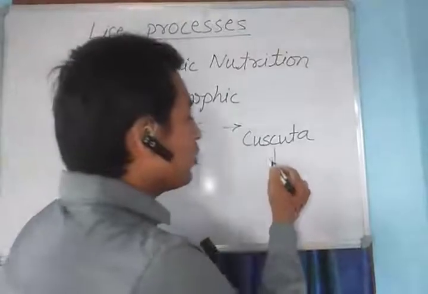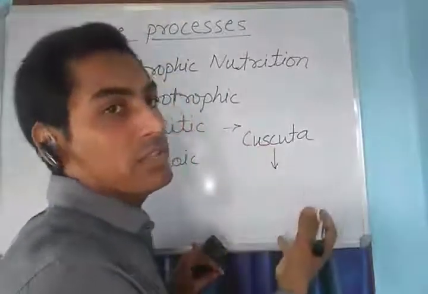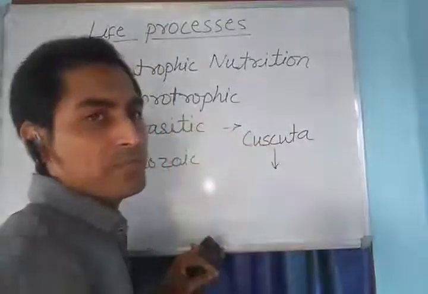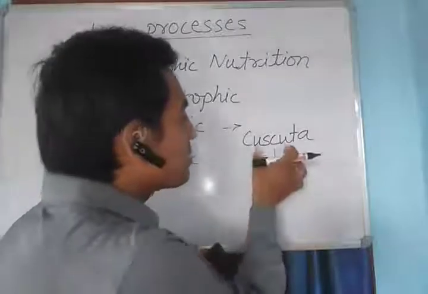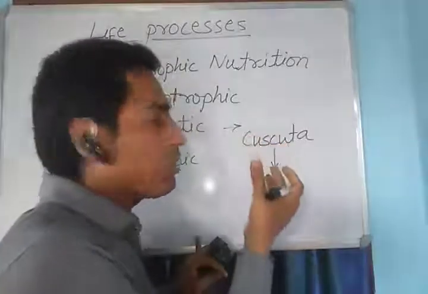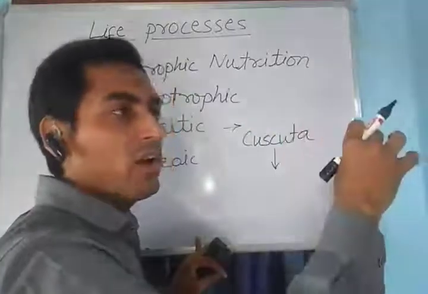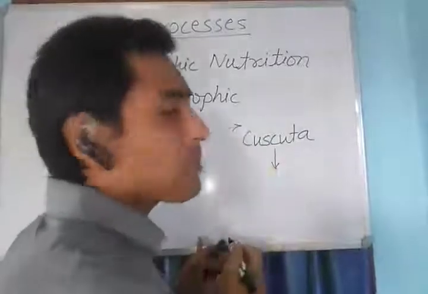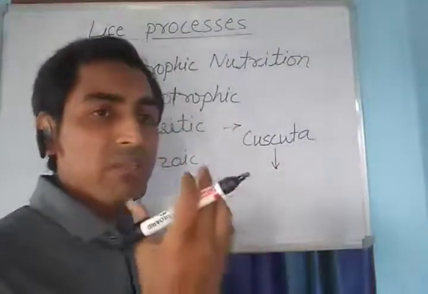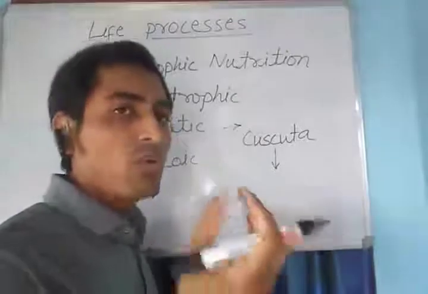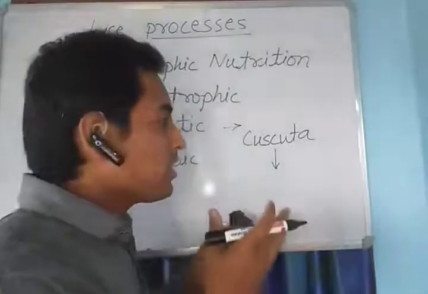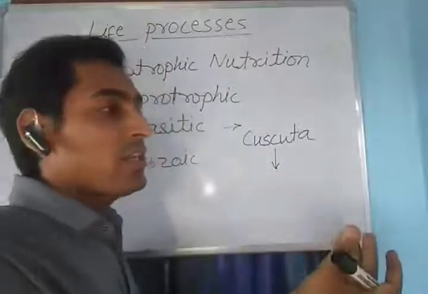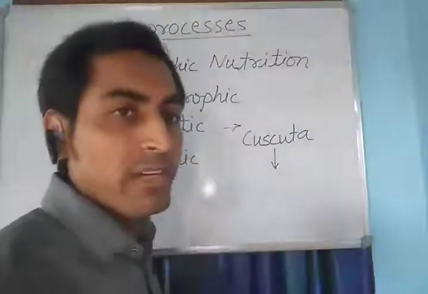This is a yellowish, that means non-green, plant which has no root and no special leaves. It has a yellowish, cylindrical or wire-like body in which haustoria are present. Haustoria is a very special structure, sometimes called root, that moves inside the body of the plant and gets food and water from it.